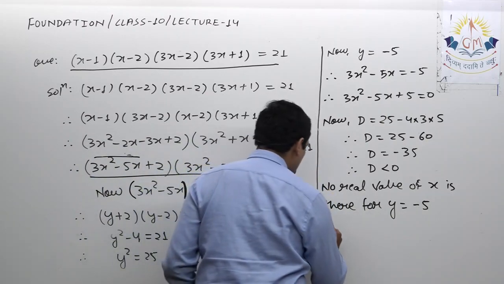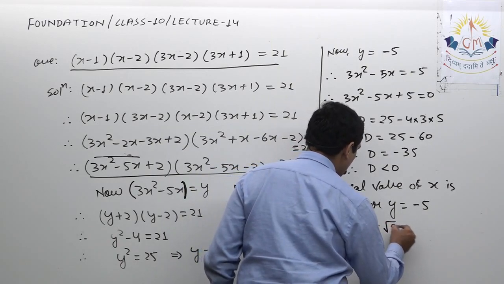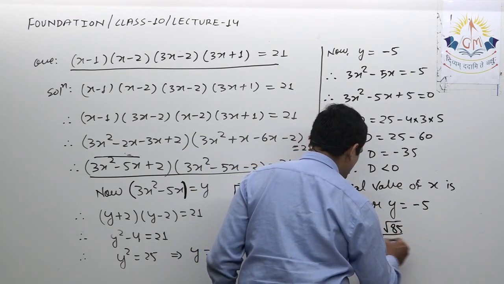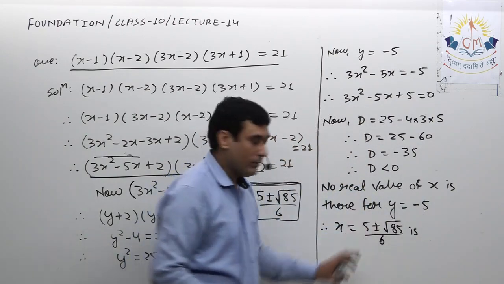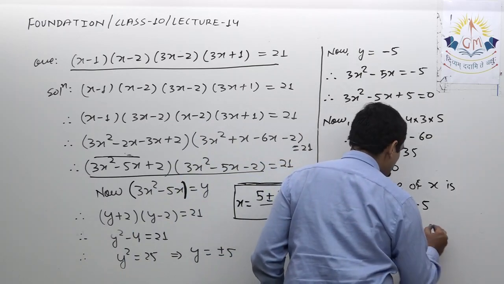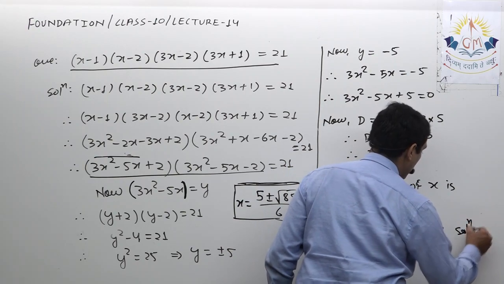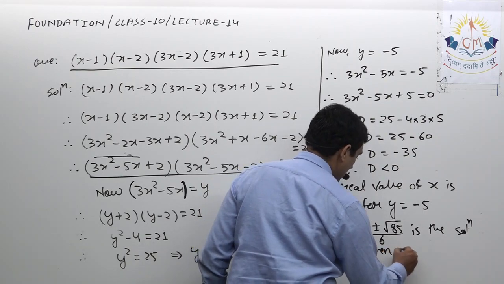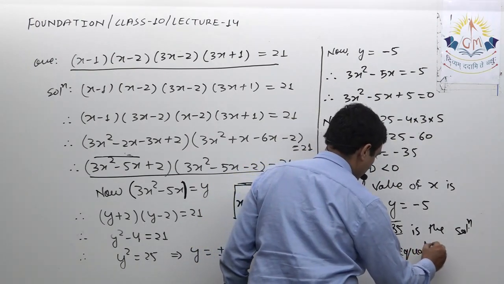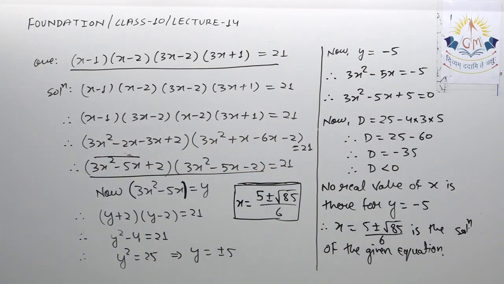So I can conclude, therefore, x equal to 5 plus minus root 85 divided by 6. Here plus minus means plus and minus both are the solution of the given equation. Okay, so please note it down, then we'll see the next question.